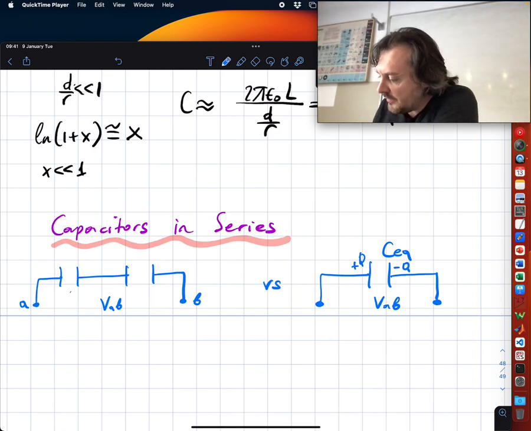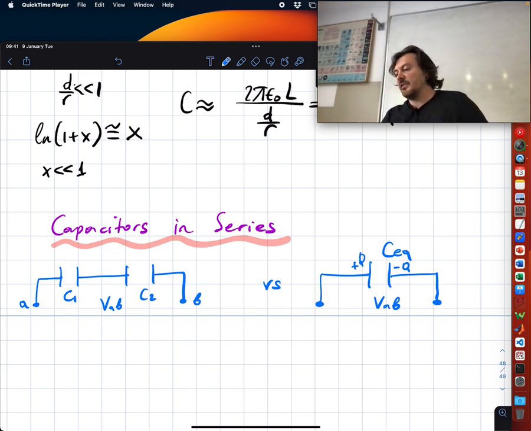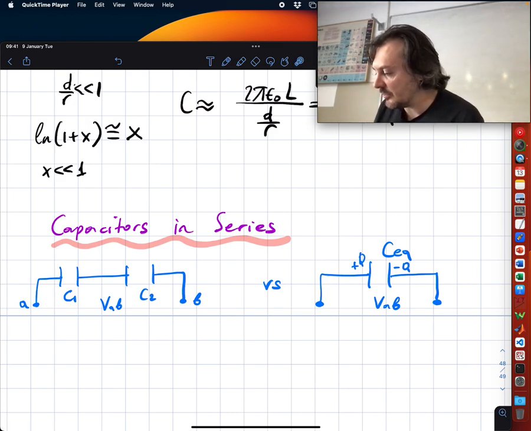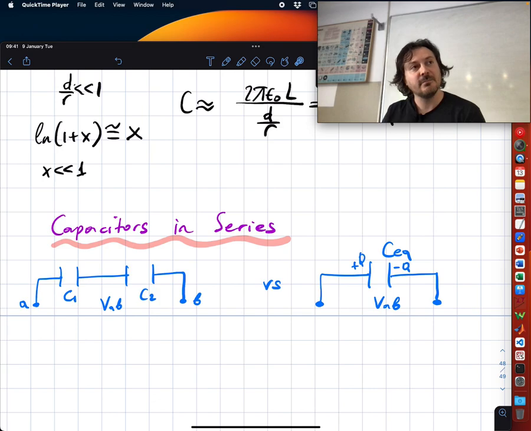But here we have C1, C2, and let me tell you right away that you have to have the same but opposite charge over here. Do you see this system is detached from the rest of the system, right?